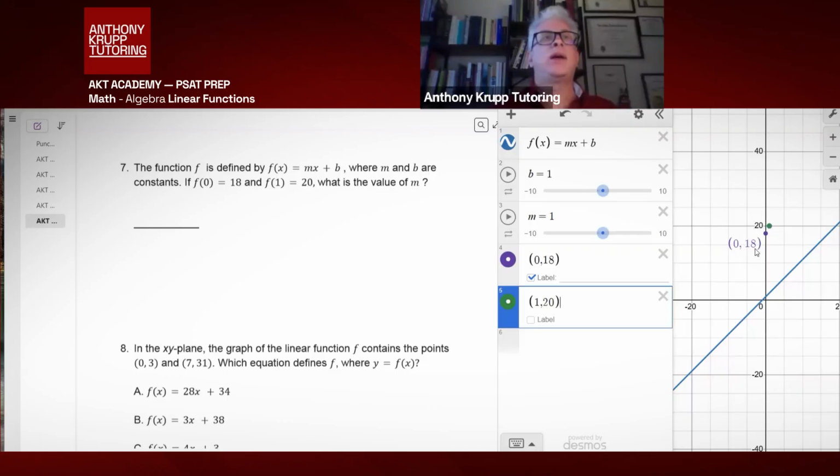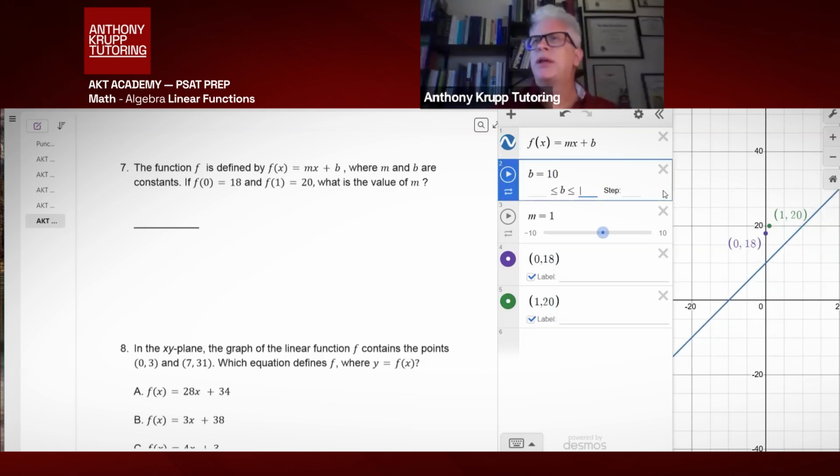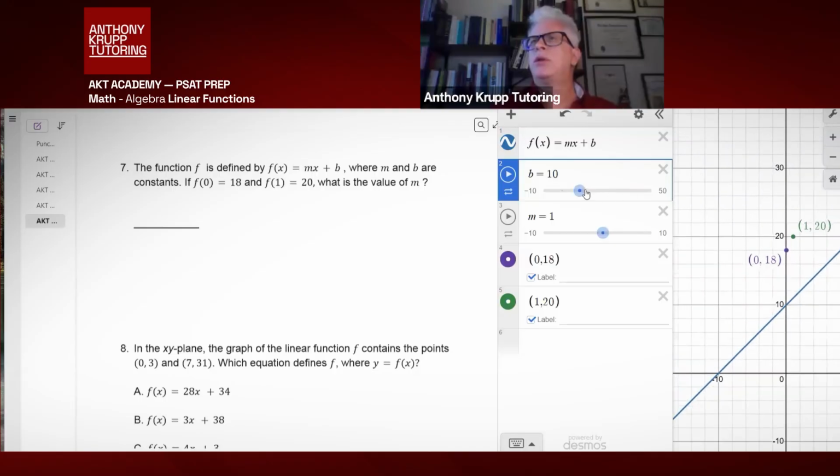So right now, the function is not doing what I want. So let's make it do what I want. Basically, drag anything. If you drag this, it's going the wrong way. If you start dragging this, you're going in the right direction. Hey, come on, keep going. If that happens, click on the 10, just make it bigger. It doesn't have to be that big, probably, but let's find out. So let me zoom in a little.